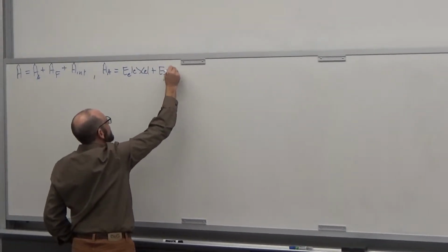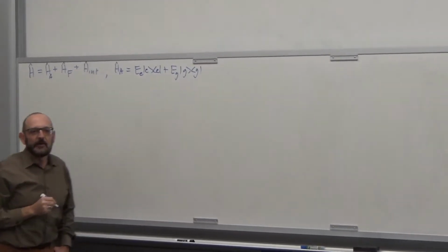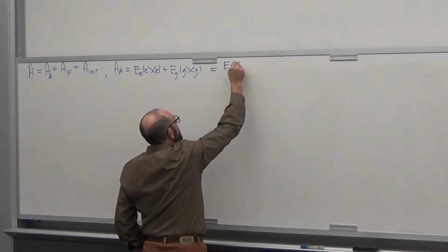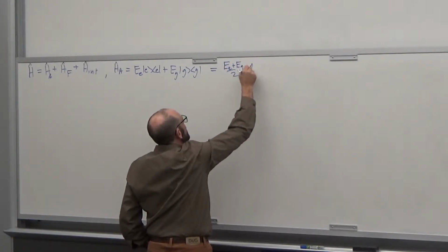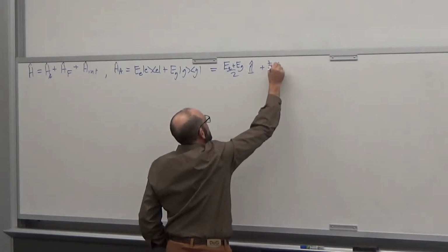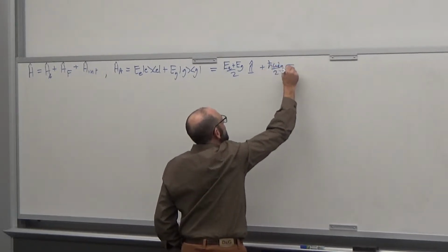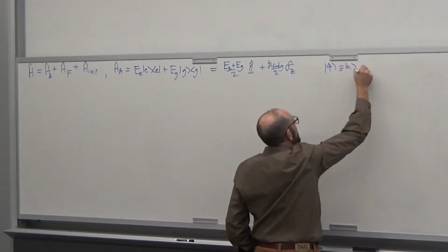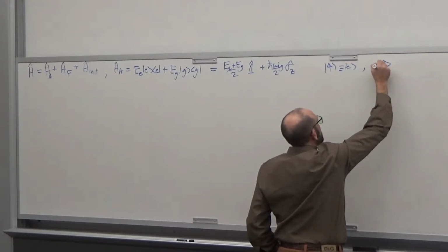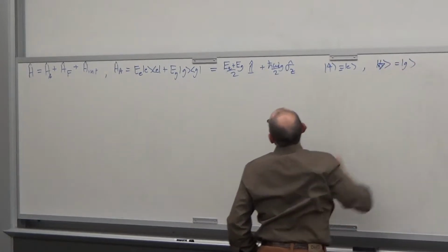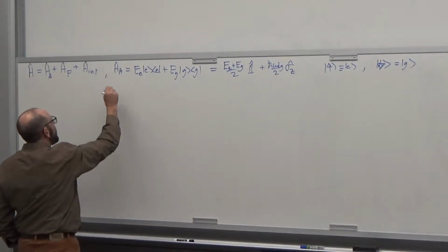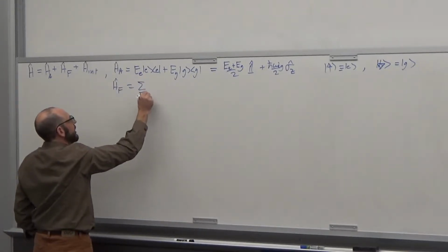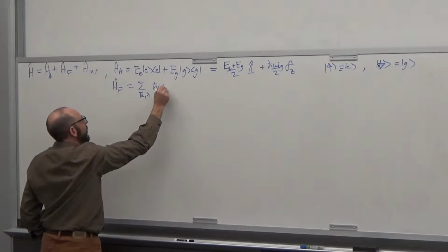So I just have these written in terms of those energy eigenstates, or if I like, I can write it in terms of my pseudospin, where spin up is the excited state and spin down is the ground state. And the Hamiltonian of the field, which I hadn't written down before, is the harmonic oscillators of all the modes.